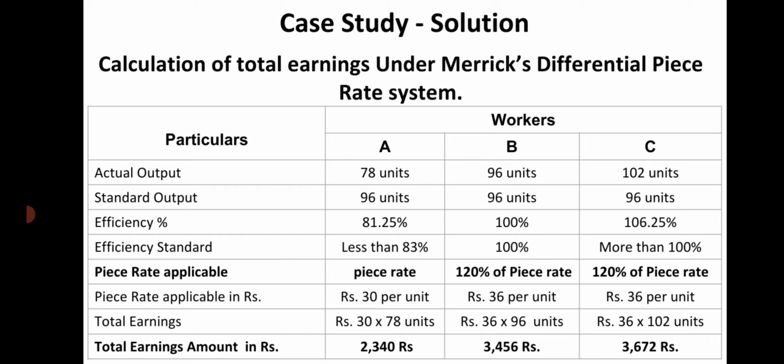For C, 120% of piece rate because he is also at or above 100%. Piece rate applicable is rupees 30 per unit for A, and rupees 36 per unit for B and C.